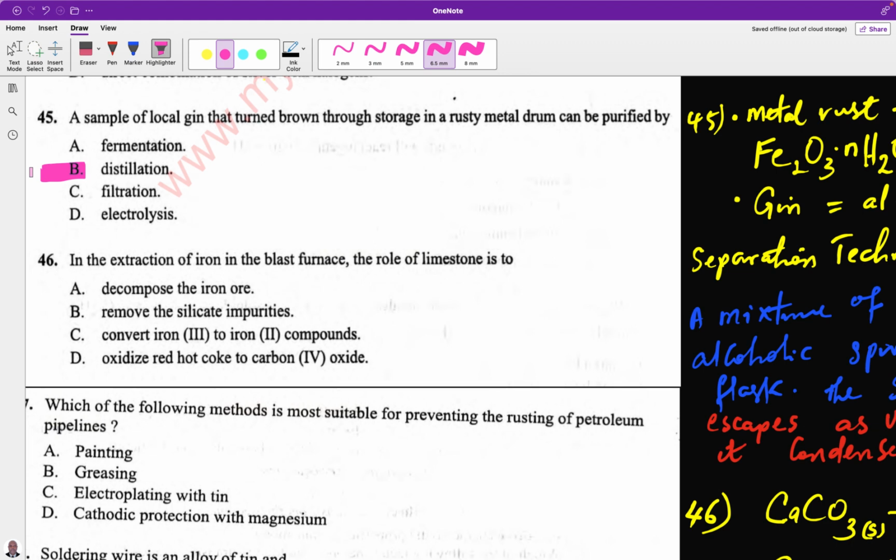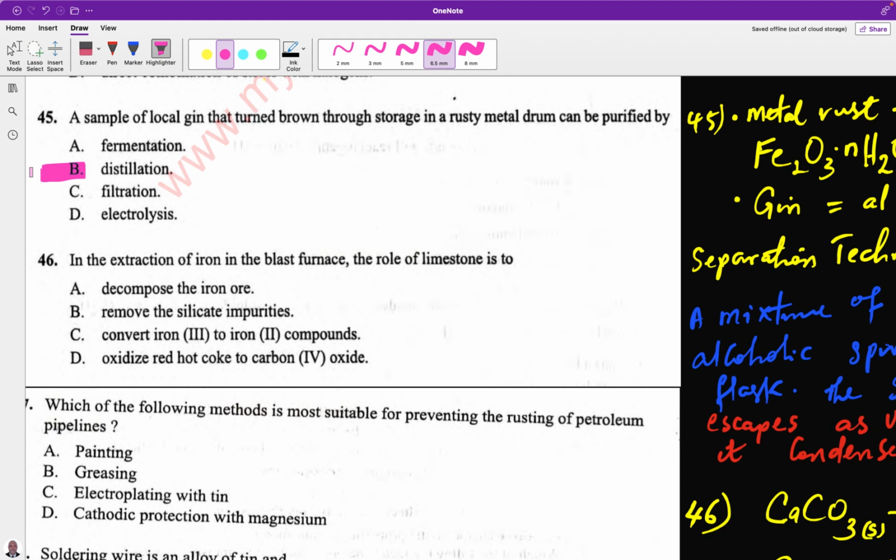Okay, let's get to question number 46. In the extraction of iron in the blast furnace, the limestone is very, very important, because the limestone will decompose under the heating.